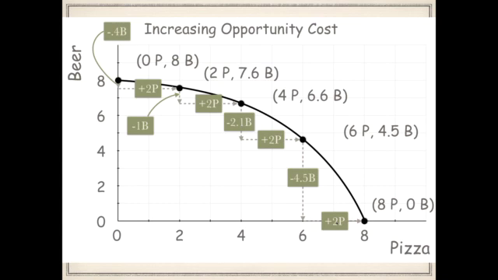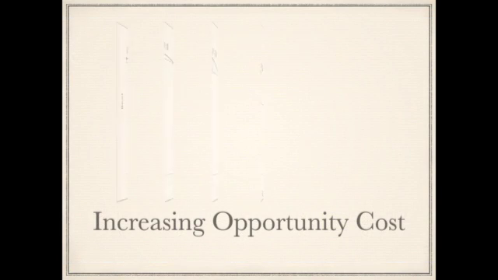And the final incremental increase in pizza output by 2 units now costs 4.5 beers. So you can see that the opportunity cost of producing 2 pizzas increased from 0.4 beers to 1 beer to 2.1 beers to 4.5 beers. So that is a numeric illustration of the increasing opportunity cost that is exhibited.